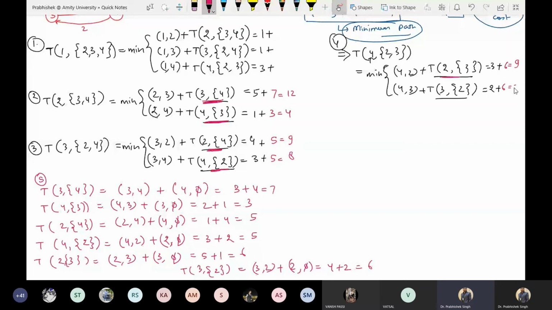Okay, now if you see the whole formula, you have to take the minimum value out of these two values. That is why we are taking the minimum value. We are checking all the permutation combinations, all the possible feasible solutions. If you remember the introduction class of dynamic programming, what is the approach of dynamic programming?